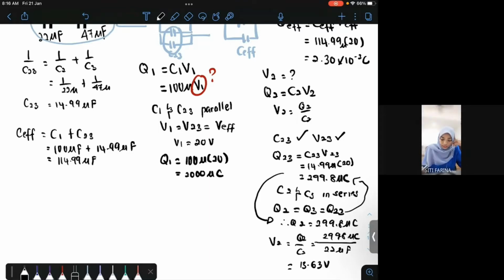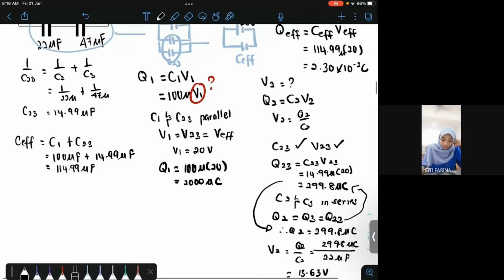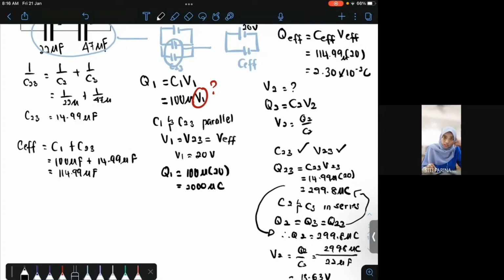Right? Okay. Yang penting awak tengok dulu, kalau dia minta on a respective capacitor, dia punya general equation adalah Q sama dengan CV. Itu equation yang kita akan guna. Pasti kita tengok apa yang dia minta dan apa yang kita perlu cari in order to find what has been asked. So dalam kes soalan kedua ni, kena tahu V1 boleh dapat Q1. Dalam kes kedua pula, kena tahu Q2 boleh dapat V2.